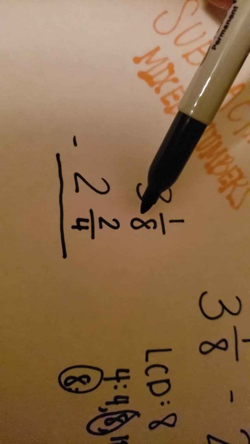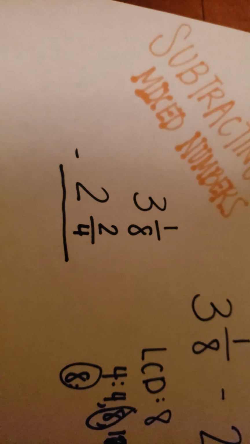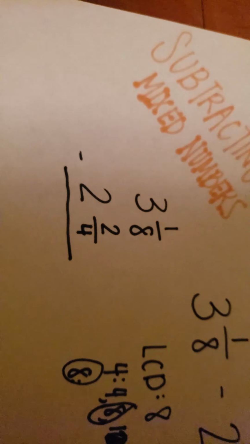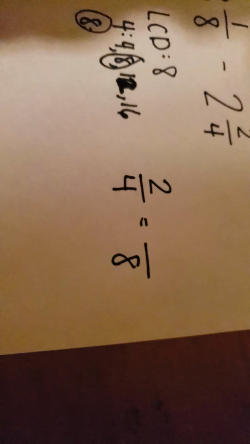When I go back over here, I know now that I don't have to change 1/8. I can just change 2/4. 1/8 can stay the same because the denominator is already 8. So I'm going to come over here and make an equivalent fraction for 2/4. I want my new fraction to have an 8. So I want my denominator to go from 4 to 8.